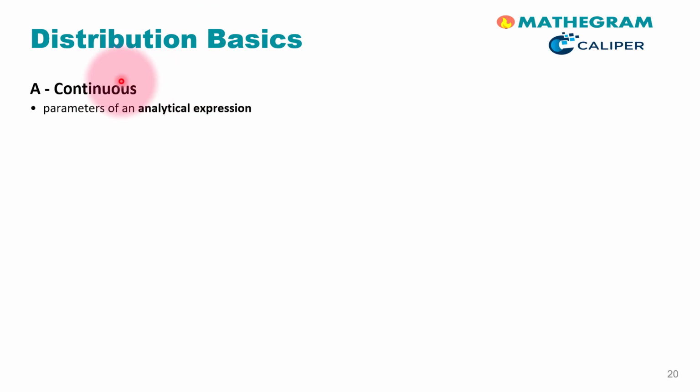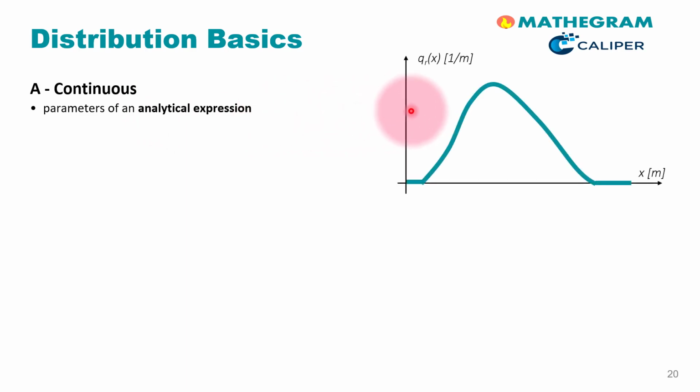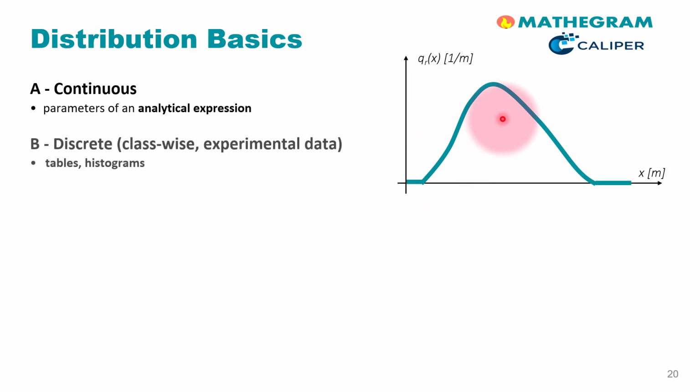Thus, the parameters of an analytical expression define the relative amounts of particles in our ensemble. This principle is illustrated here on the right with the dark blue line. Alternatively, we can use a discrete or class-wise description that is available from experimental data, for example.